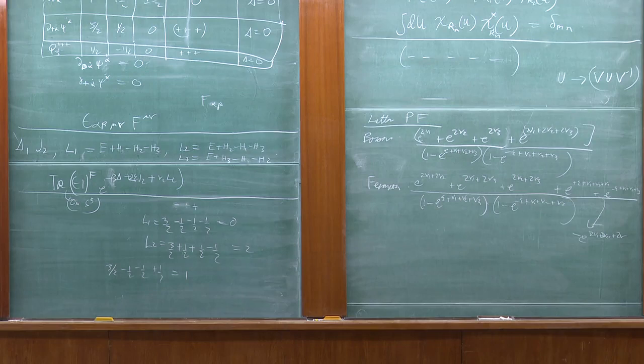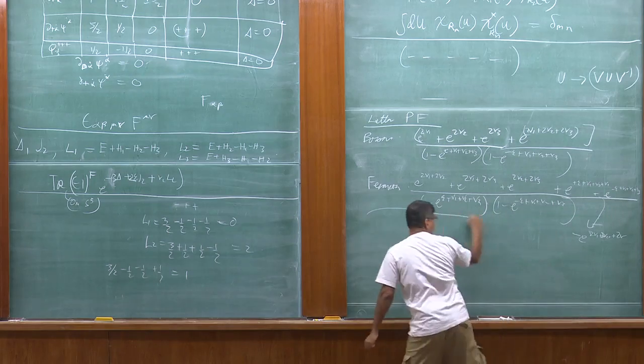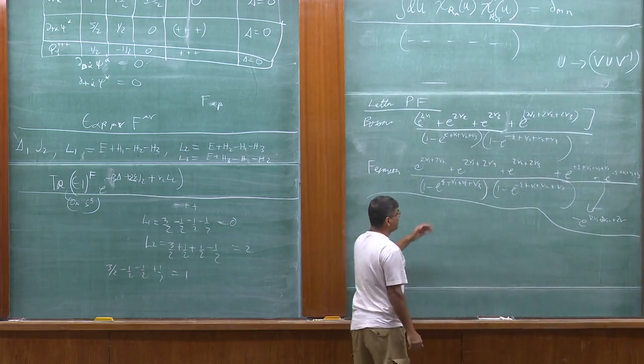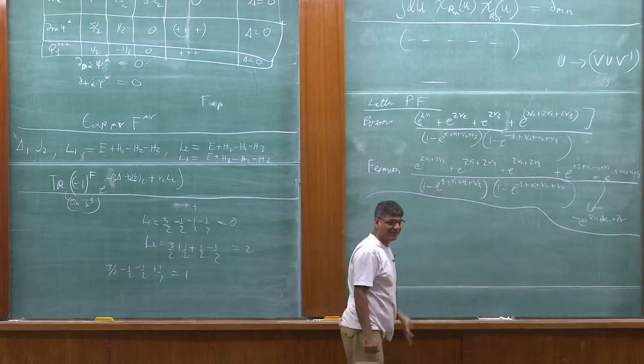Okay. So now this is the fermionic partition function over the set of letters. In this problem we will be interested in computing the index over the space of letters.